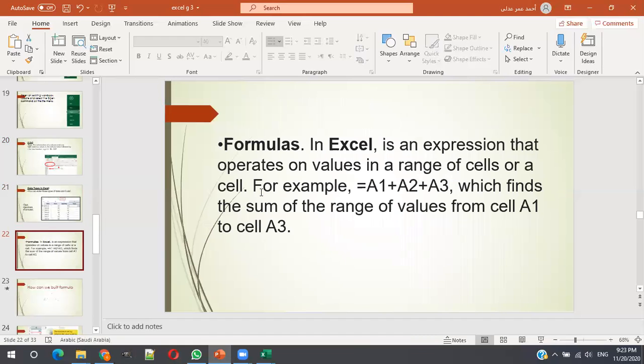What does formula mean? A formula in Excel is an expression that operates on values in a range of cells or a cell.